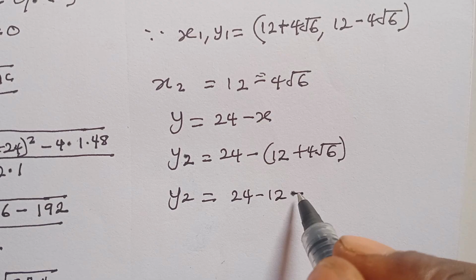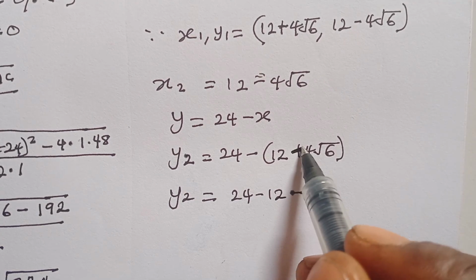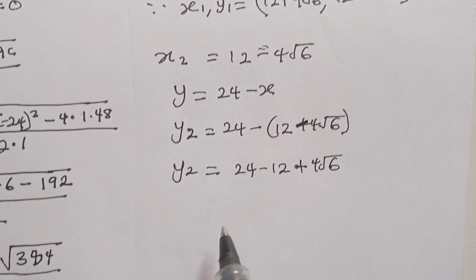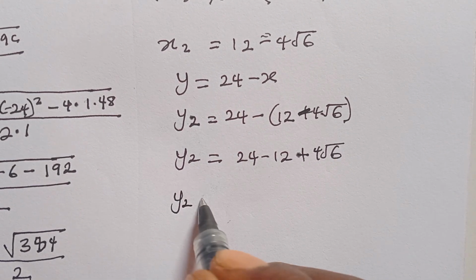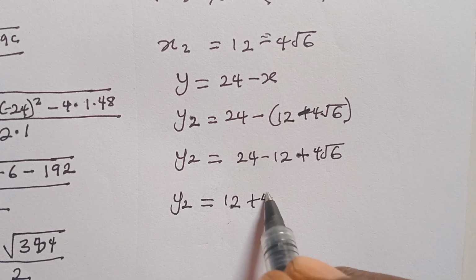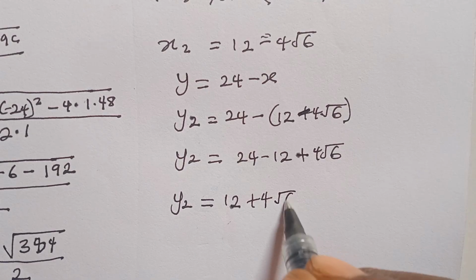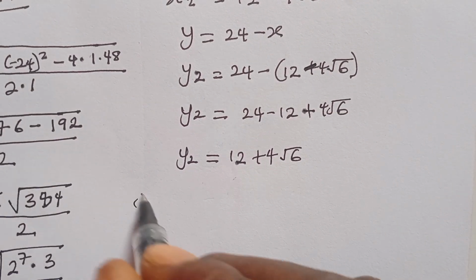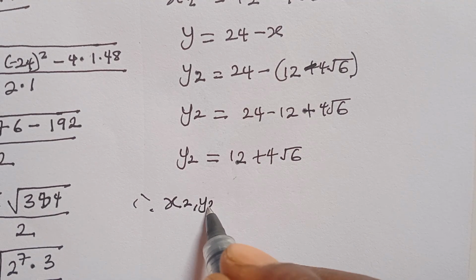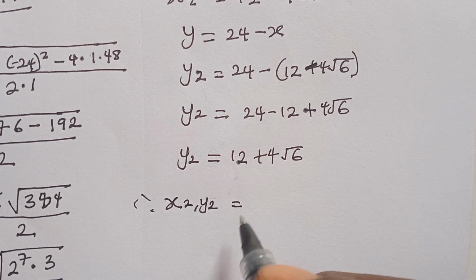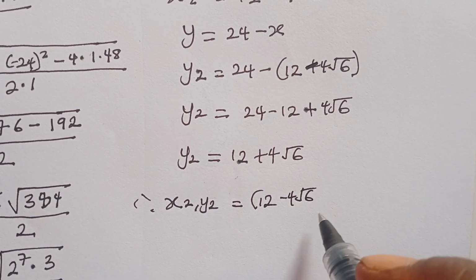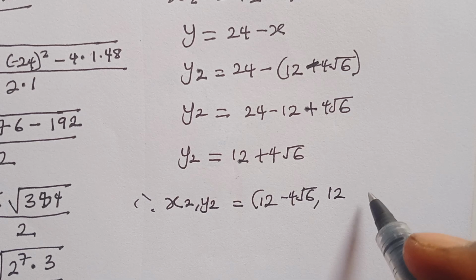That is supposed to be plus, because that one is minus. Yes, that one is minus, correct. Plus 4 square root of 6. So now y2 will be equal to 24 minus 12, that's 12 plus 4 square root of 6. So here we can now write out our x2, y2. So therefore our x2, y2 will now be equal to 12 minus 4 root 6, 12 plus 4 square root of 6.